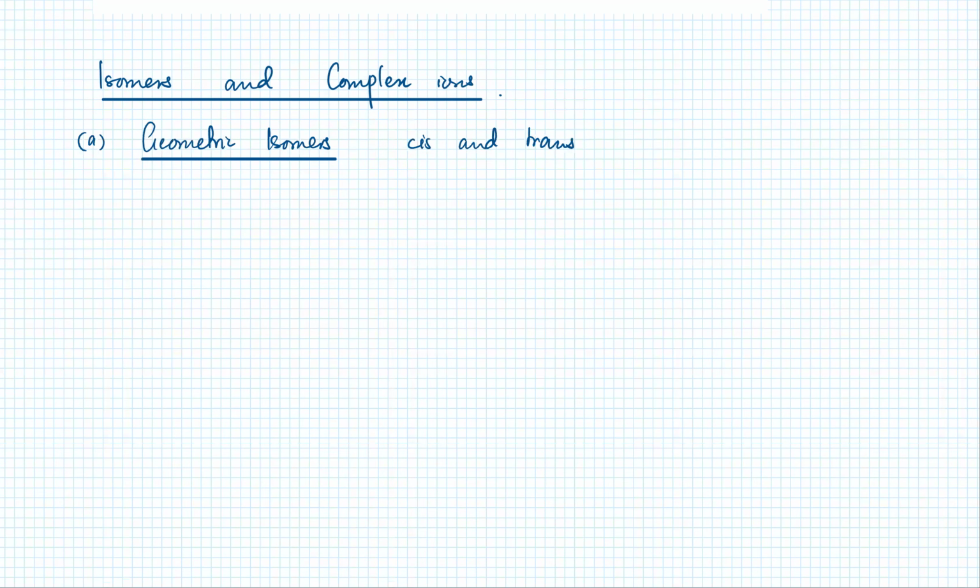So the first one I'm going to do is in octahedral complexes, the one that we studied. You will have geometric isomers in octahedral complexes.